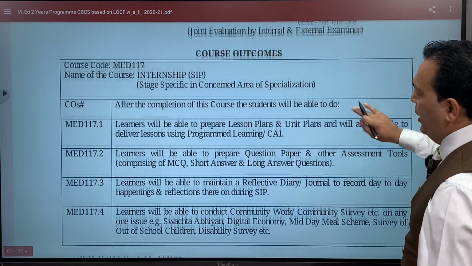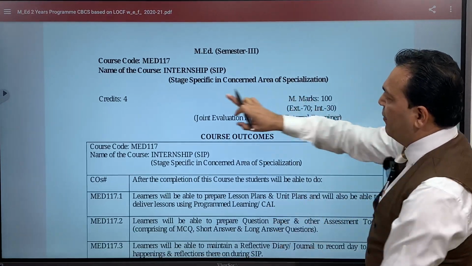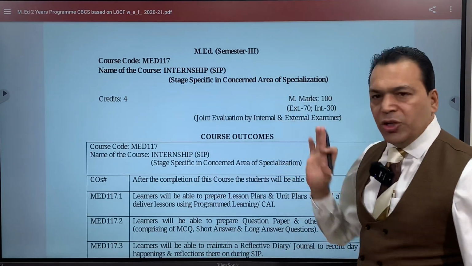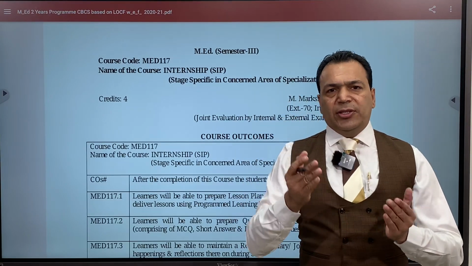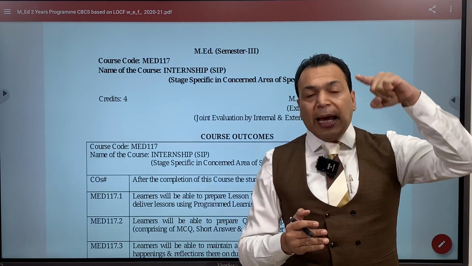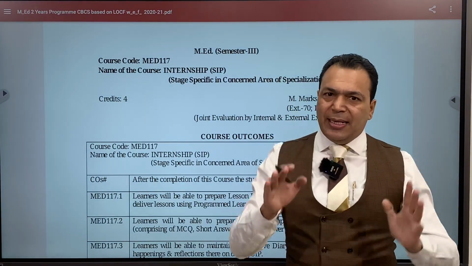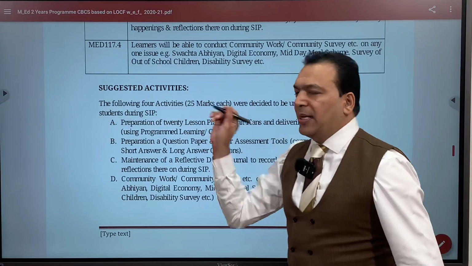This is the first, code 17, paper 17: internship. Internship means that in your college you have to teach the B.Ed students as you did in M.Ed semester second. So you can see these suggested activities.